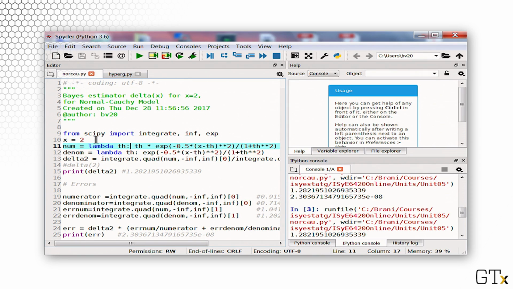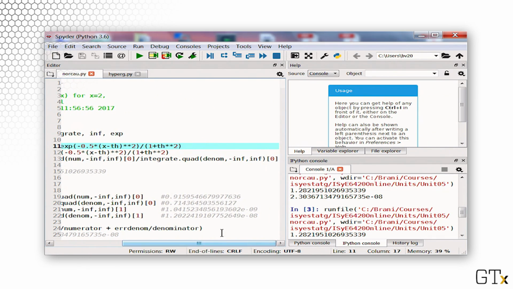For that, I need SciPy, scientific Python, and to import from that, integrate, infinity and exponential function, and making these two lambda functions. One is for numerator and one is for denominator. And then rule delta 2 is simply to integrate the numerator between minus infinity and plus infinity, and divide by integrating the denominator between minus infinity and infinity.